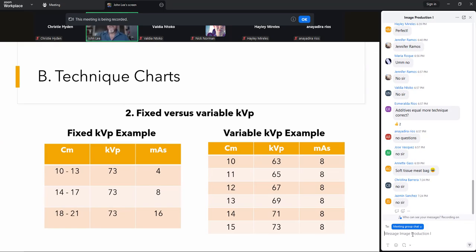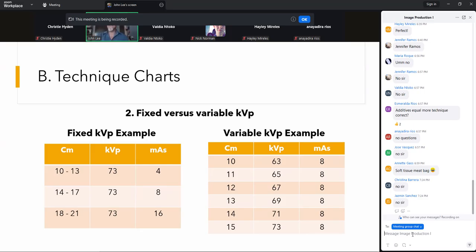So 14, 15, 16, 17 are 8 mass. The next group, the mass jumps up again by a factor of 2. So this is the way these charts are constructed. For every 4 to 5 centimeter group, the mass changes by a factor of 2, while kV remains the same.